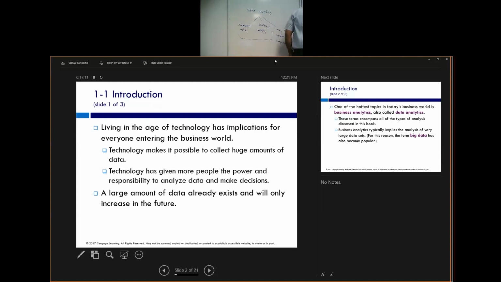Classification, prediction, and clustering. With classification, our input variables are numeric and output is in category form. In prediction, we again have numeric x's and we have a numeric y.